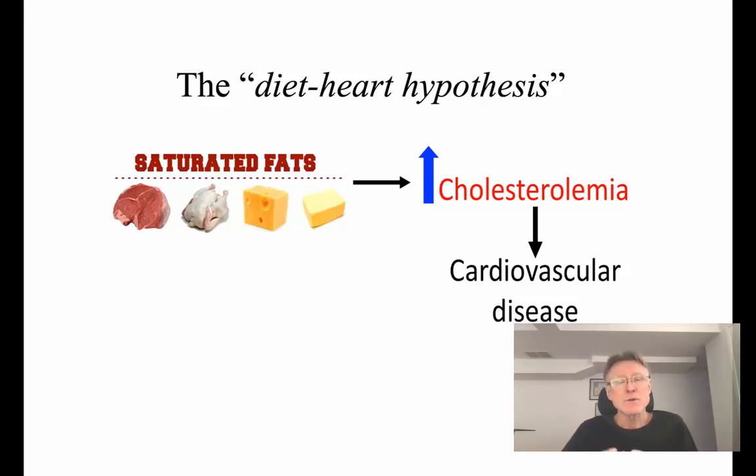So this starts with what is called the diet-heart hypothesis. Early in the 1950s and 60s, this diet-heart hypothesis came up. And the idea was this: if you eat saturated fat, depicted here by meat, poultry, and dairy products, which are animal products that contain saturated fat, your cholesterol levels go up.